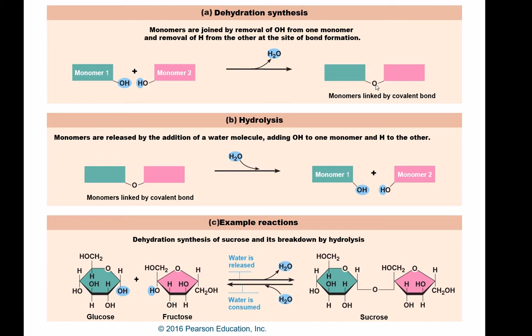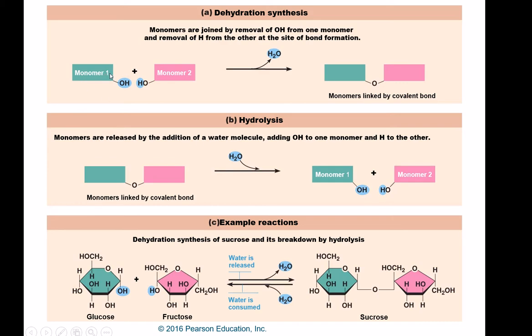Hydrolysis is the exact opposite of dehydration synthesis. Rather than taking water away, we are adding water in. So here are our 2 monomers linked by a covalent bond. If we add water, that splits the polymer back into its 2 constituent monomer parts, with the OH here and the H over here.